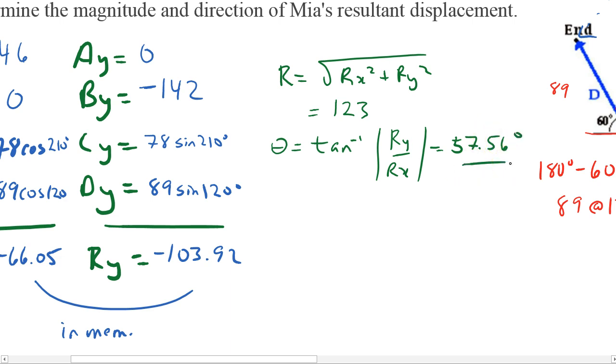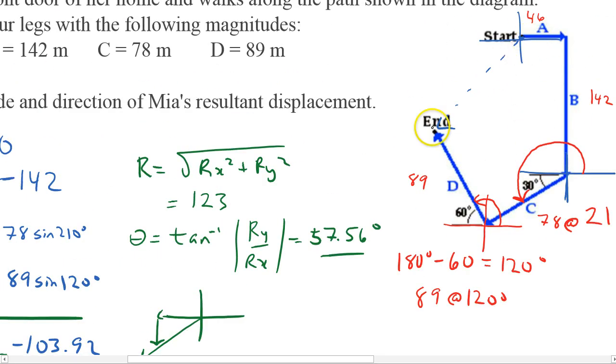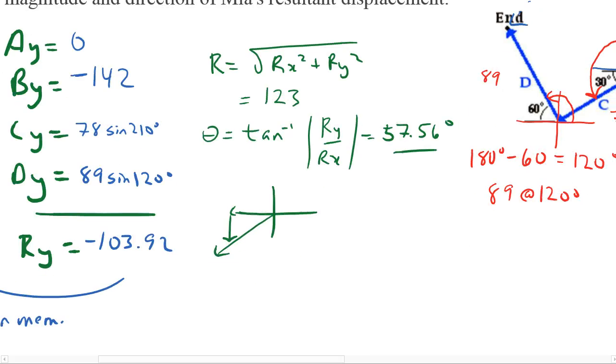degrees. And the last part is, okay, if these are both negative, that means that, just like I thought before, my resultant is in quadrant number 3, and I'm going to have to say that here is my 57.56 degrees here.